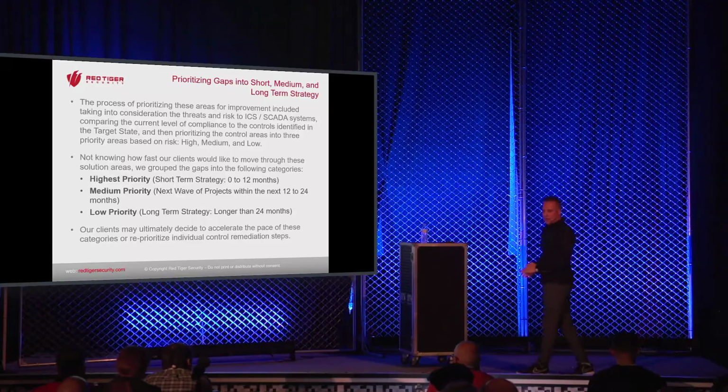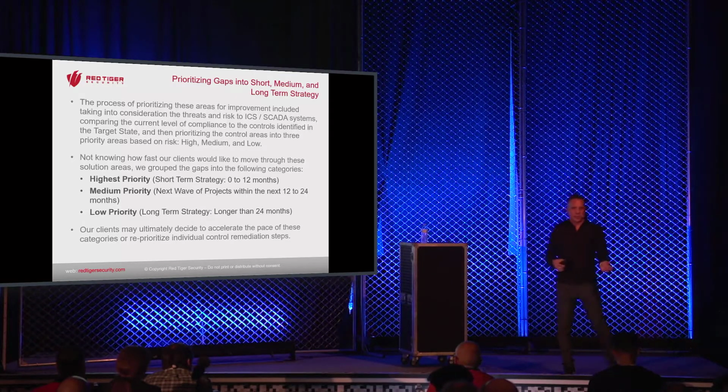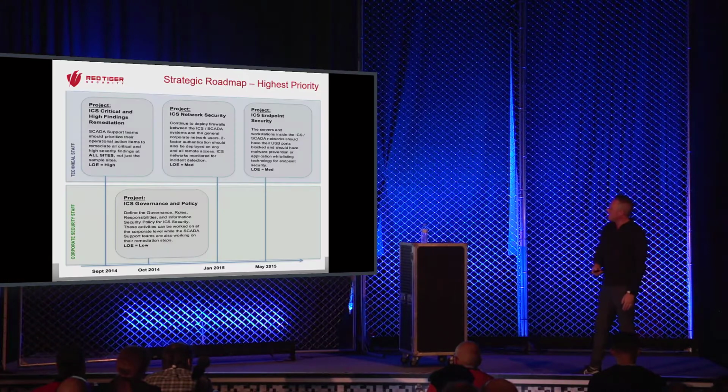And then we'll take the medium priority gaps in the framework and the medium vulnerabilities found in the on-site assessments of those plant assets and put those into the next year, and then the low priority do in the third year. And sometimes you can accelerate this or push it out depending on your availability of funding.